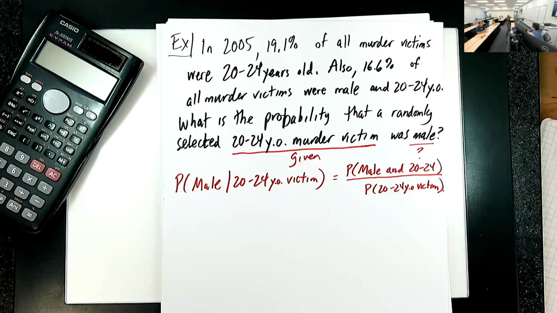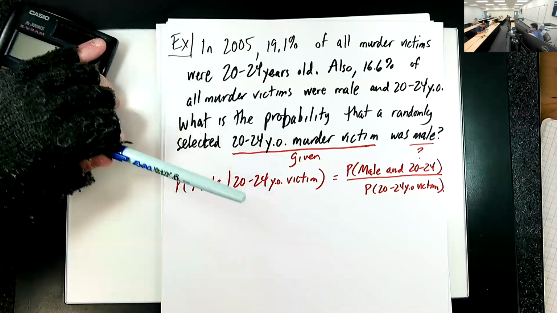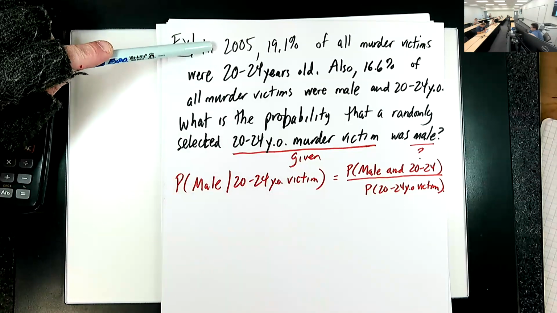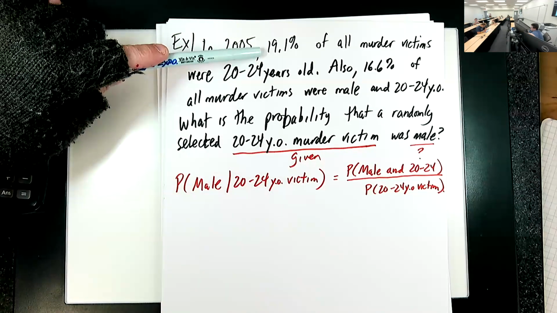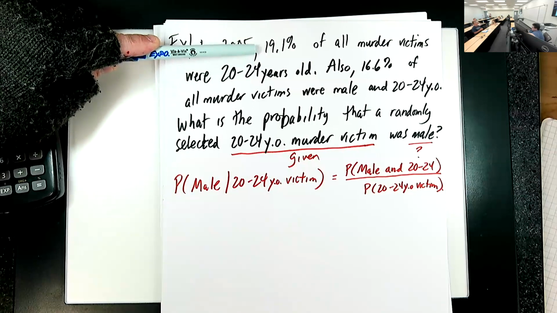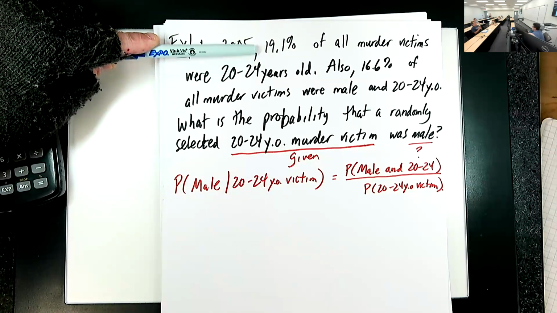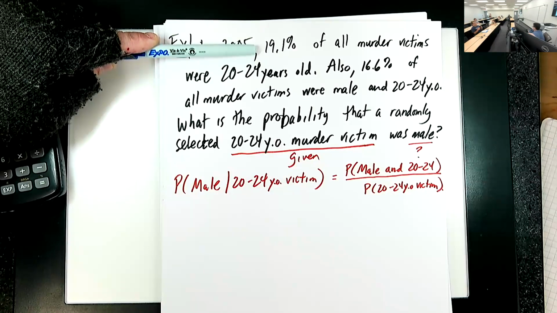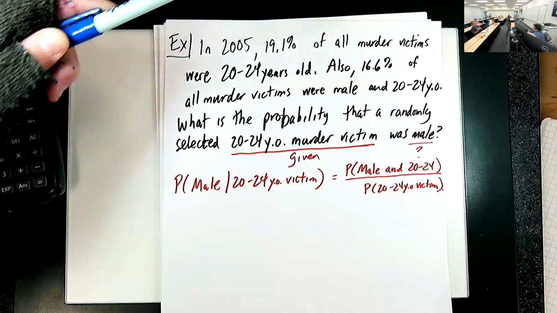Do we have that information? Let's look. It says in 2005, 19.1% of all murder victims were 20 to 24 years old. Which part of the information was that, top or bottom?